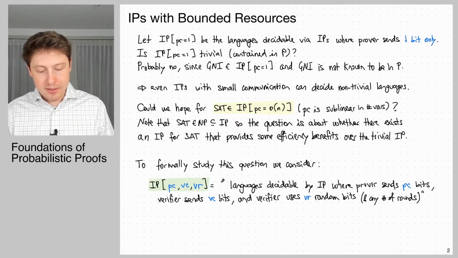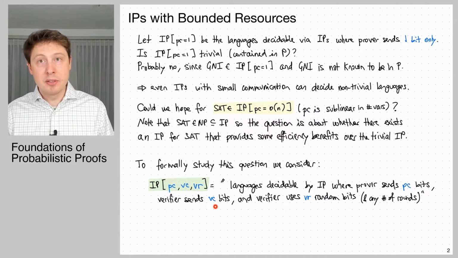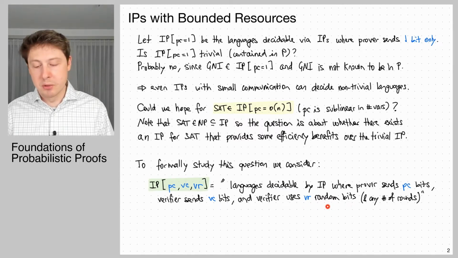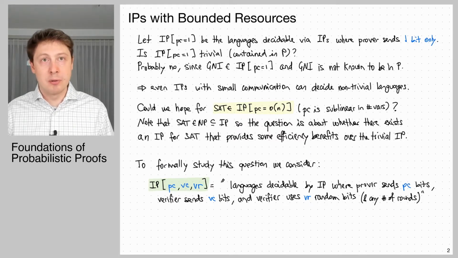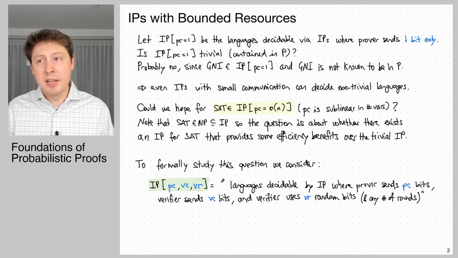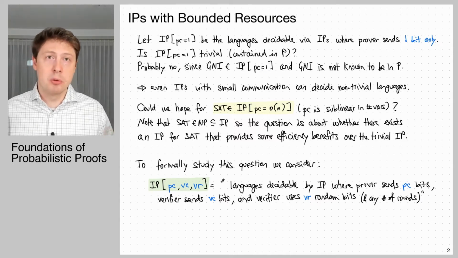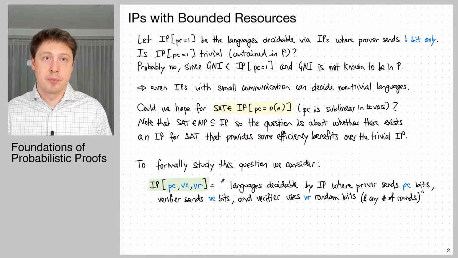VC, that is the verifier sends VC bits, so this is the communication from the verifier to the prover. And VR is the number of random bits the verifier is using during interaction. And right now we're discounting how many rounds there are. We just don't care. Obviously, if the prover is sending a small number of bits, there cannot be too many rounds anyhow, so we are implicitly taking that into account.